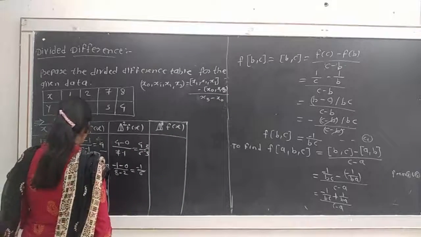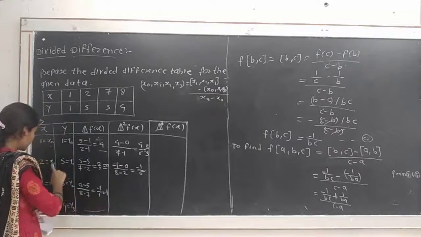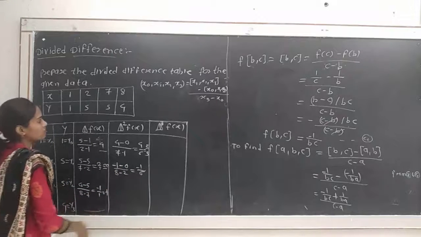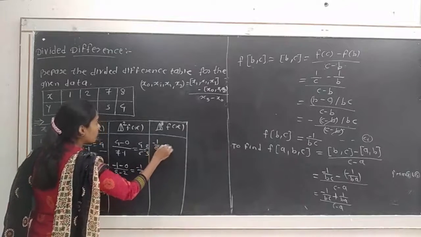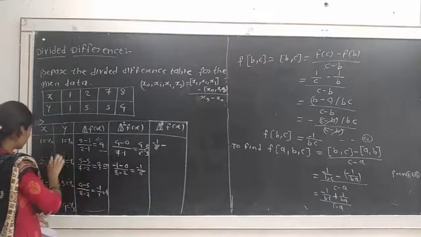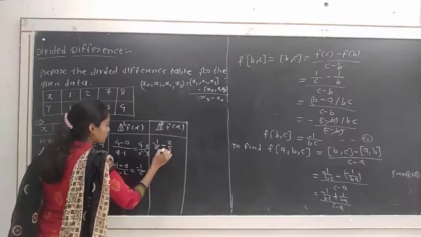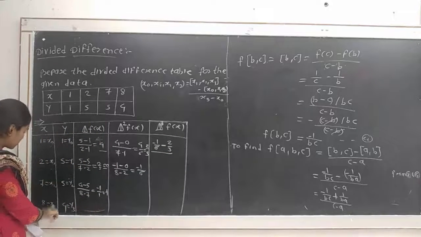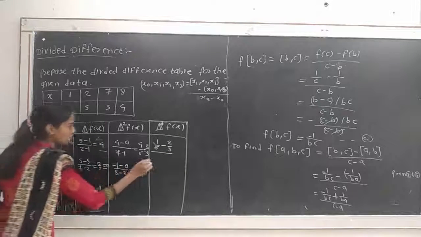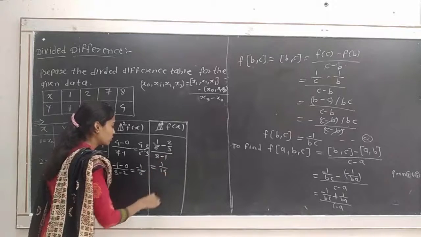The second divided difference for x1, x2, x3 is minus 1 by 6, minus the divided difference for x0, x1, x2 which is 2 by 3. So minus 1 by 6 minus 2 by 3 divided by 8 minus 1. By simplifying this we get it equal to 1 by 14.